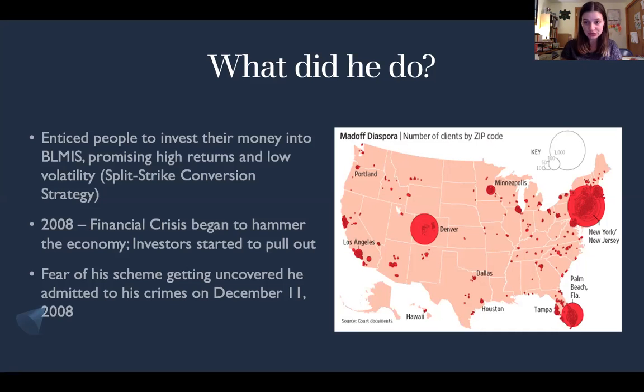This is what he used for his 20 years of business. In 2008, the financial housing crisis began to hammer the economy, and investors wanted to pull out of their firms. With fear of his scheme being uncovered, he admitted to his crimes on December 11, 2008, and was arrested for fraud.